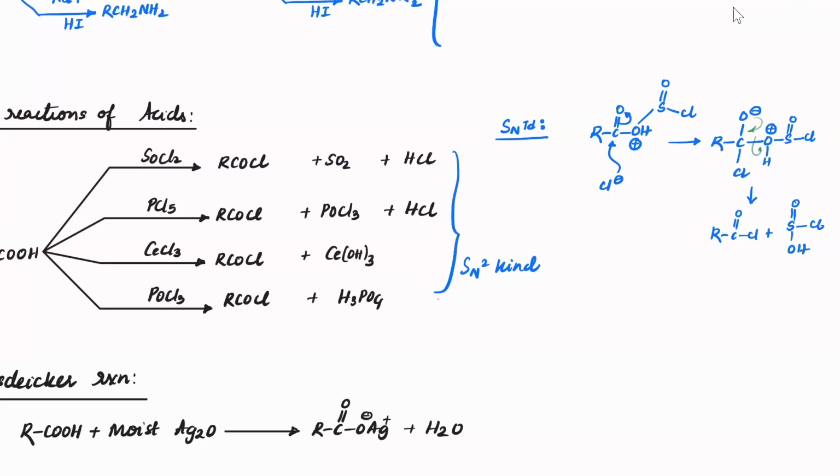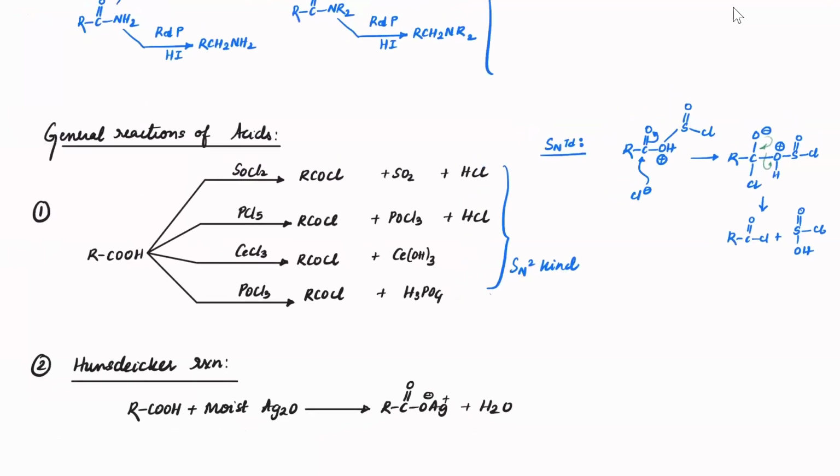Correct? Now do it for one more mole and you will get chlorine also out. So it is an SN2 kind of mechanism. Overall it is a substitution on the same position, but it goes through addition then elimination kind of reaction.